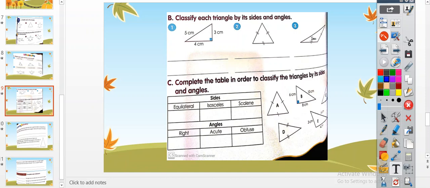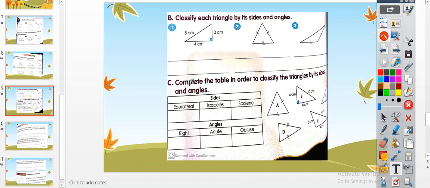This one equals this one only, so it's called an isosceles triangle. Look at the angles, you will find that here we have an obtuse angle, so it's an obtuse triangle.